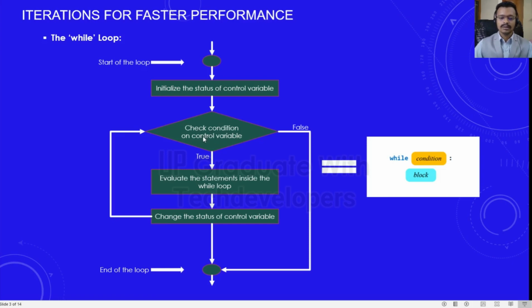Again, we are checking for the condition, means again the control flow will check for the condition on the updated control variable, because we are changing the status of the control variable inside the block, and we are passing the same control variable into the condition. So once again the control flow will check the condition on the updated control variable.